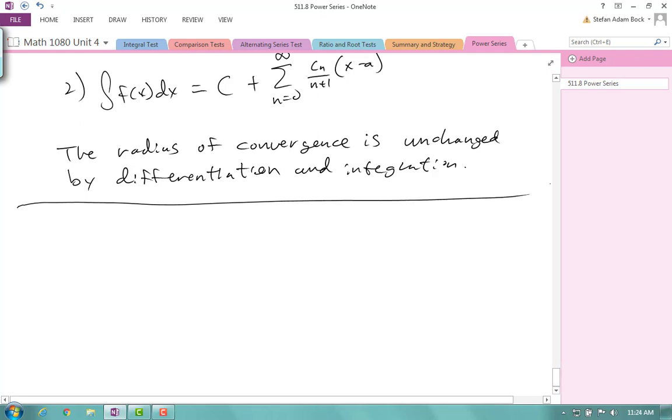So without performing all of the steps, which are covered in other places in the video, I'm going to do some sketches, basically. So I want to find a power series representation of the natural log of x plus 1.